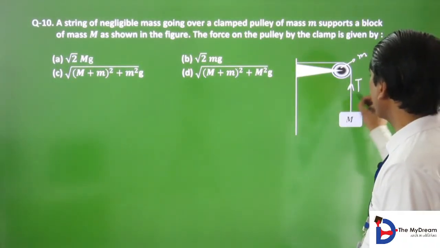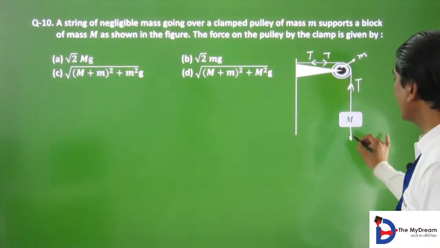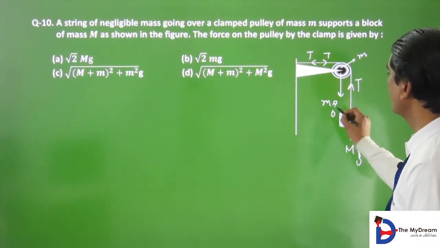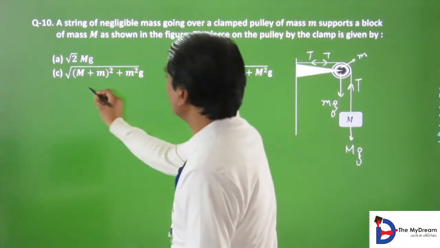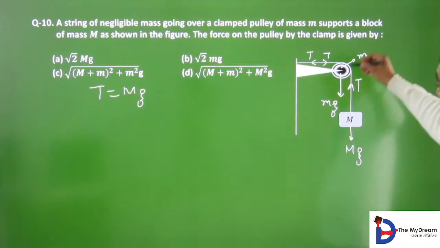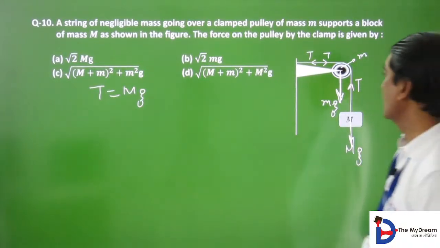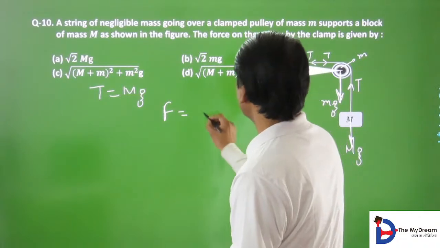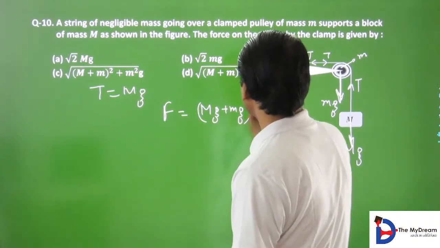Obviously, this tension T is exerted, so it will also exert T on this. Where is its weight? Towards the, its weight. So T equals what, son? T equals Mg. This and this one are in the same direction. So you can write the force, that is T square, write from here mg plus mg whole square.